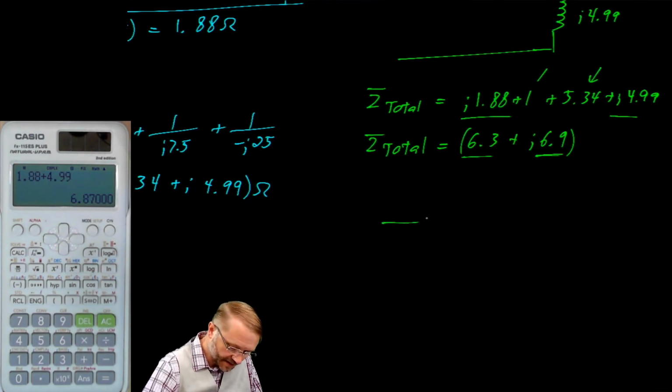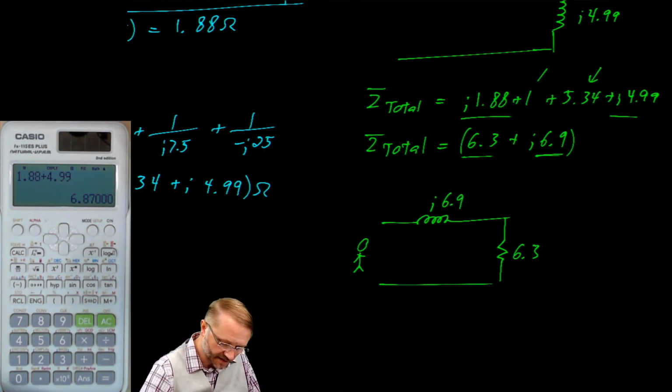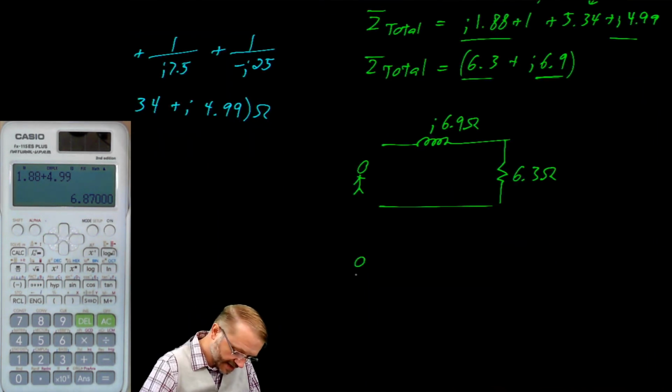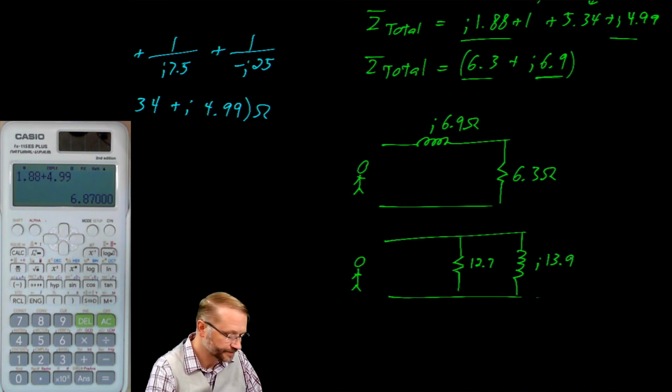When all is said and done, our equivalent circuit looks like this, with this being J 6.9 and this being a resistor of 6.3 ohms. We could also argue that it looks like this. We could say that it's a parallel circuit with a resistor and an inductor, where that resistor is 12.7 and this inductance is J 13.9.